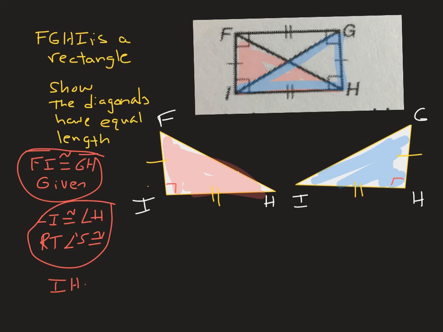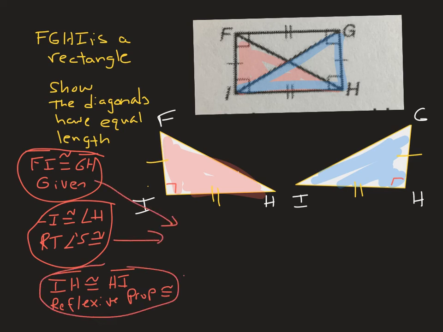So I'm going to say IH is congruent to HI, and that's by the reflexive property of congruence. So using these three things, they tell me that triangle FIH is congruent. So I went FIH, so I'm going to go GHI. It's congruent to triangle GHI. My G looks like a 6.